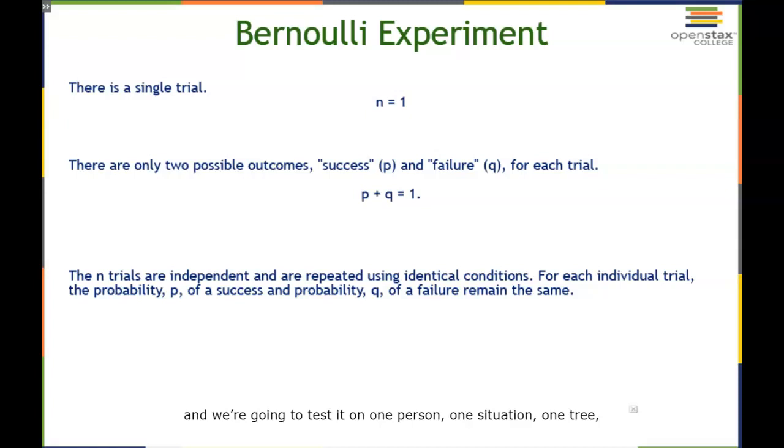We're only going to test it on one person, one situation, one tree, one bird. Whatever we're going to do, it's going to be 1. Otherwise, the other 2 conditions still hold: 2 possible outcomes, success, failure, P plus Q equals 1. The trials are independent, and we get to repeat with identical conditions and identical probabilities.